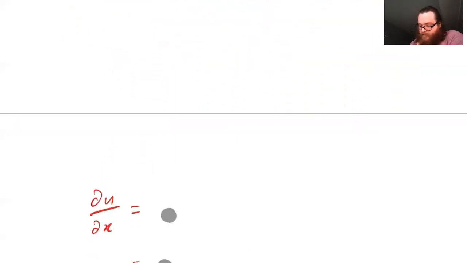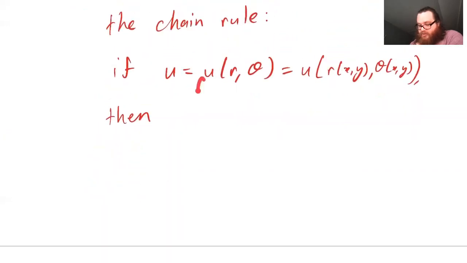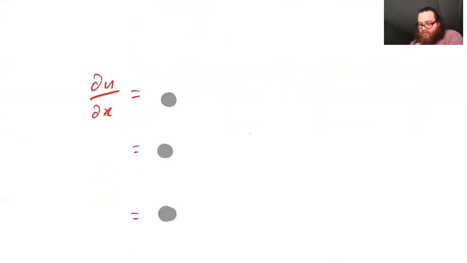So we're treating our function like this. It's a function of two functions. And what we're going to do is take an x derivative. This is where the multivariate chain rule comes in. So how does u vary with x?